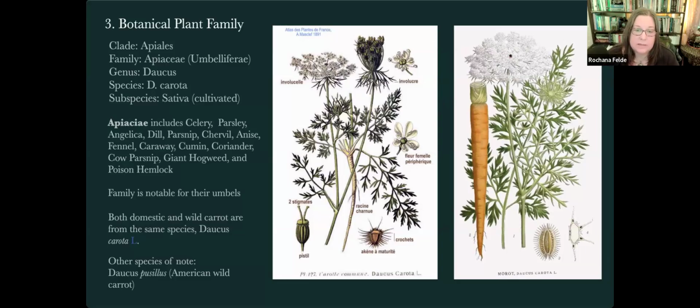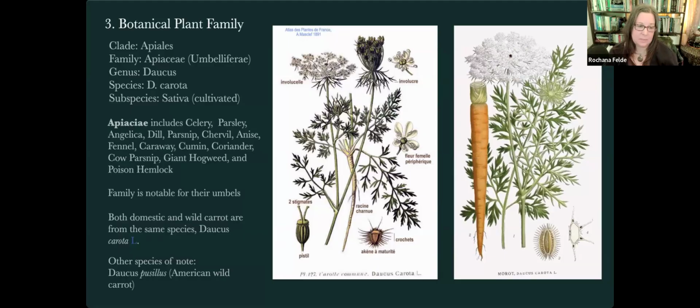It's literally the same genus and species as the wild carrot that you'll see growing on the roadside. And I'll use the term wild carrot and Queen Anne's lace interchangeably, as you'll probably already have noticed. But this just shows some of the differences, mainly in the root, because the cultivated carrot has been bred for its root to make it fleshier and sweeter and more tasty than the spindly white root of the wild carrot.